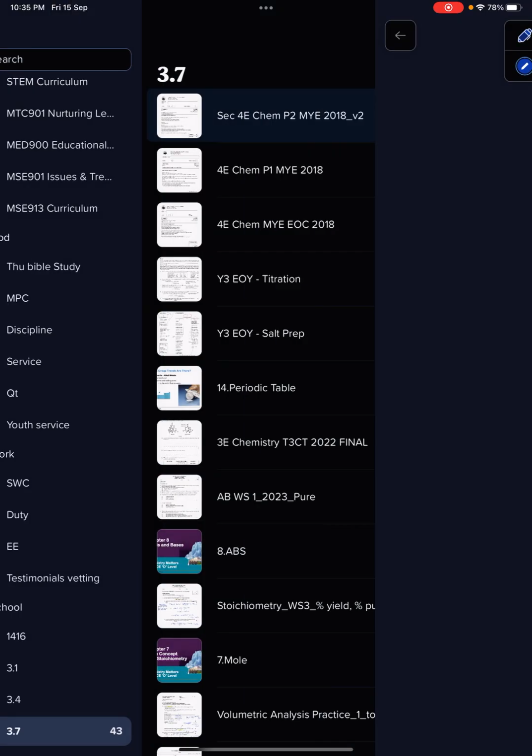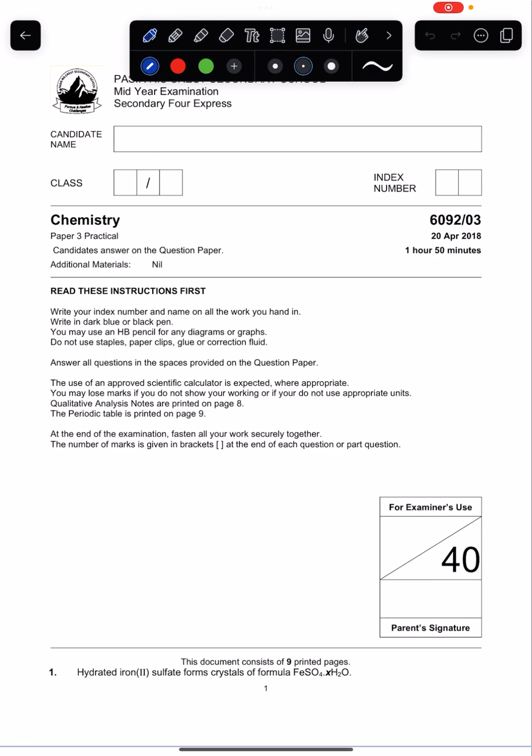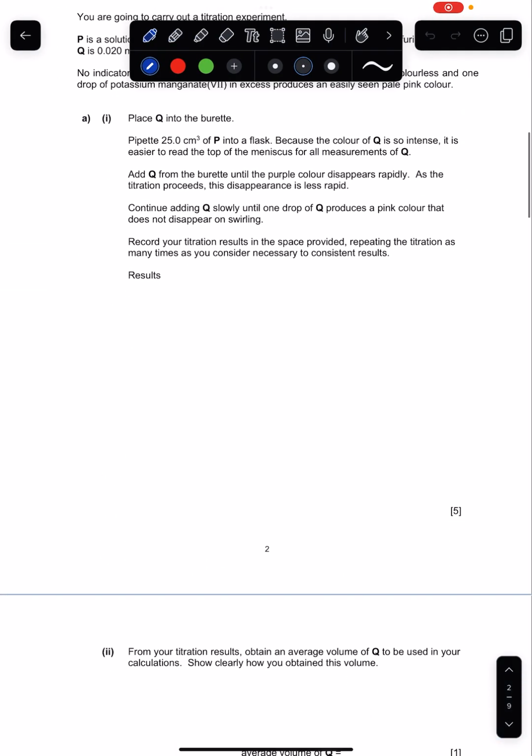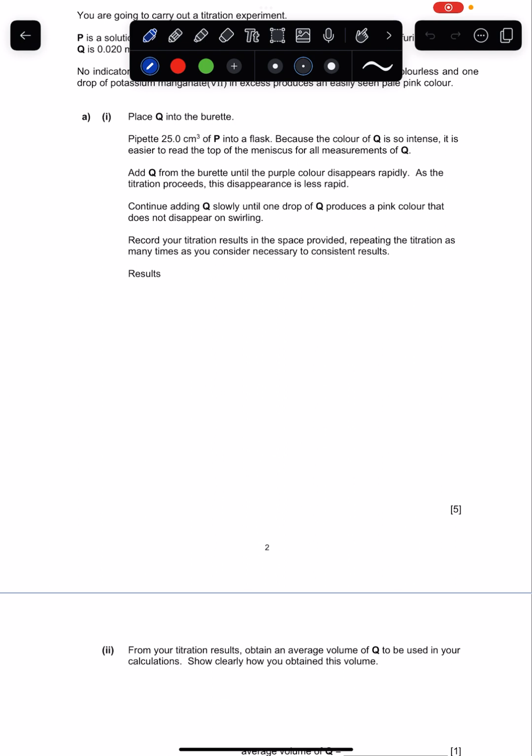Okay, next one we will go on to the titration question, right? I actually don't remember the number. I think the number is something to do with 23.34 or something. You have your worksheet.